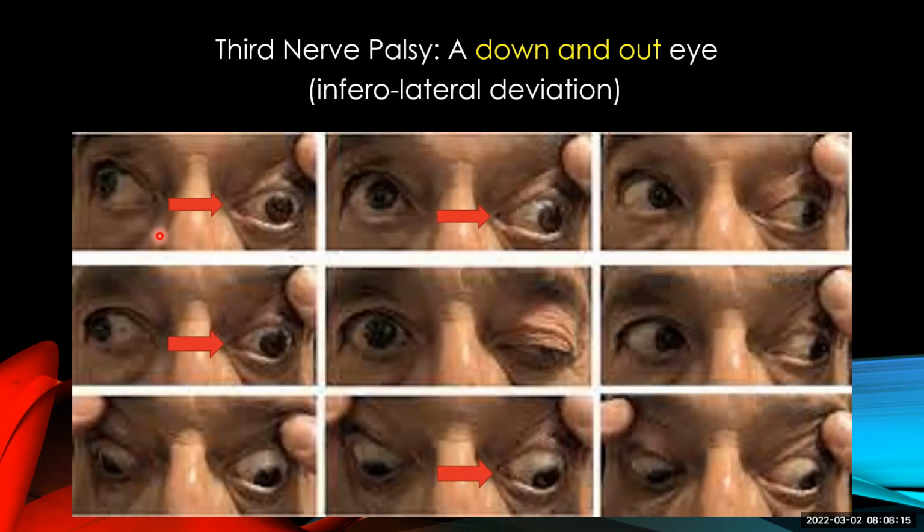In complete third nerve palsy, you will get complete ptosis of the eyelid together with full-blown deviation of the eye, where the eye appears to be down and out. Whereas in partial third nerve palsy, they affect to varying degrees any of the functions of the third nerve itself, meaning that you may experience some limitation of adduction, but your superior gaze and depression is still normal. It could be a partial third nerve palsy.